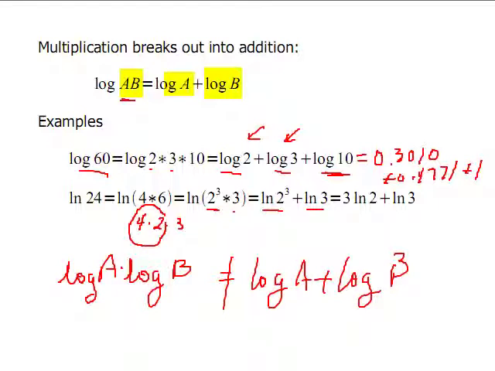The 3 comes out in front, so I'm using that first rule, and it multiplies the natural log of 2. So this would be 3 times 0.3010, if you happen to know that, plus the natural log of 3, which is 0.4771. You are not required to memorize the values of logarithms. I'm just quoting some here for you.